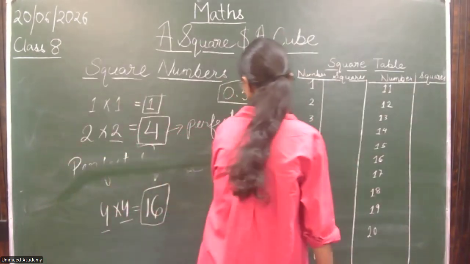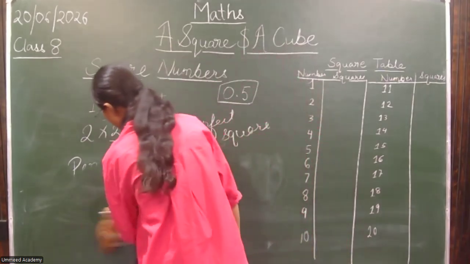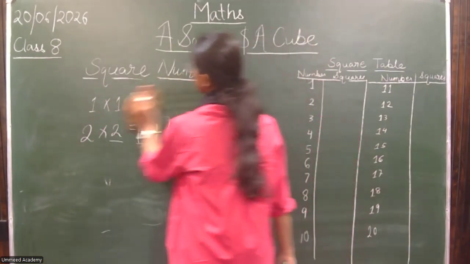Okay? Are you noting down or should we move forward? Ma'am, noted. Okay, so moving on, we have some properties on square numbers.